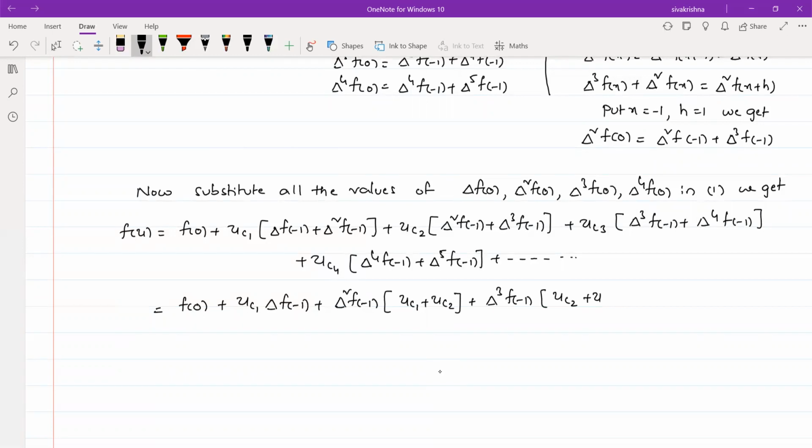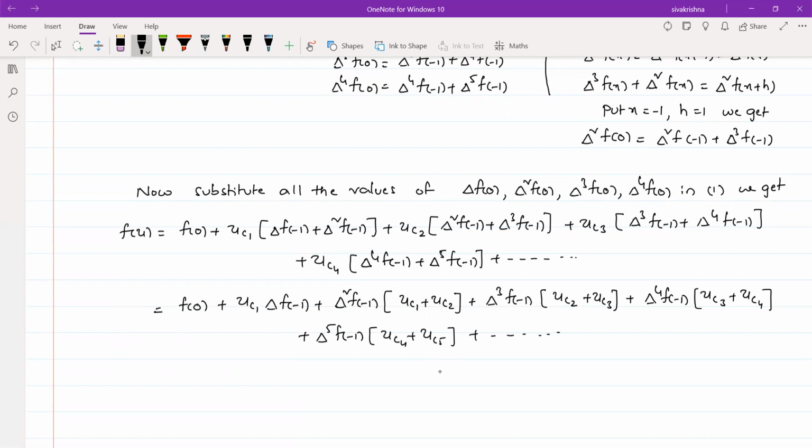And once again we have two terms of delta power 4 f of minus 1, so we take delta power 4 f of minus 1 as common, so that we get uc3 plus uc4. Similarly, if you take delta power 5 f of minus 1 in common, then we get uc4 plus uc5, plus and so on.